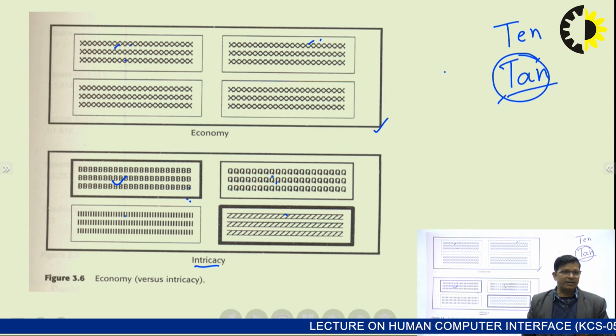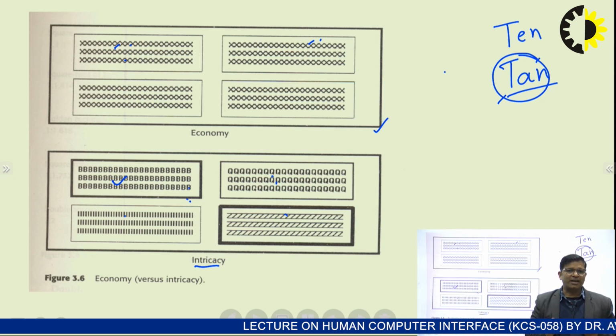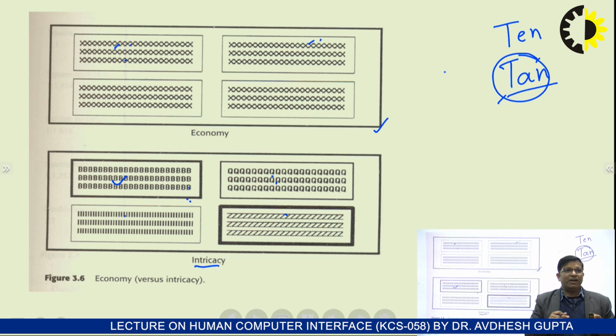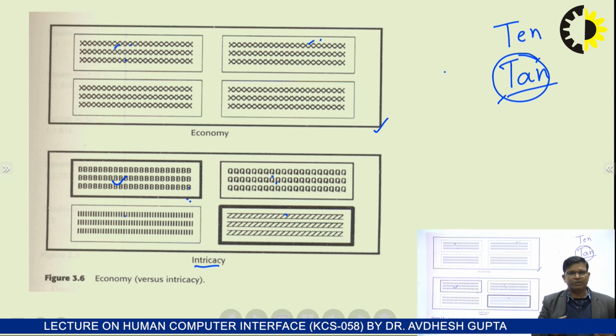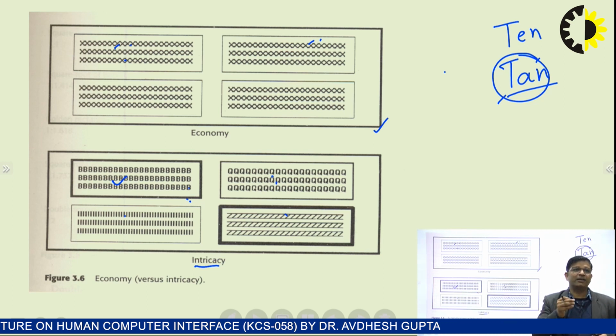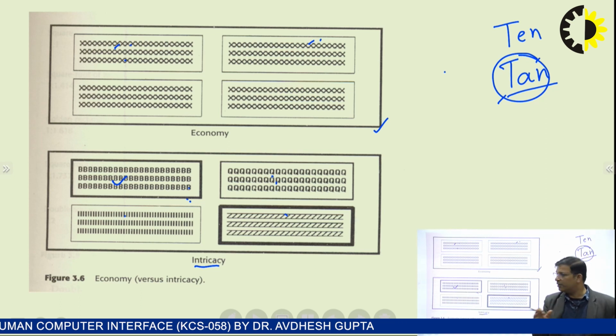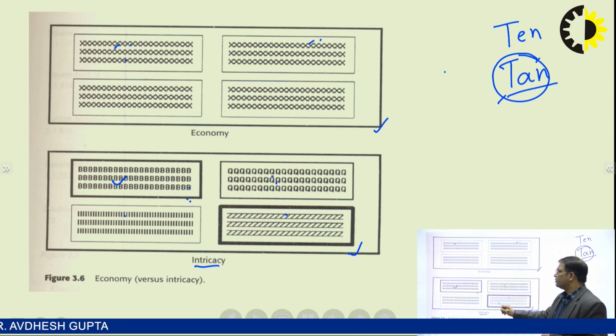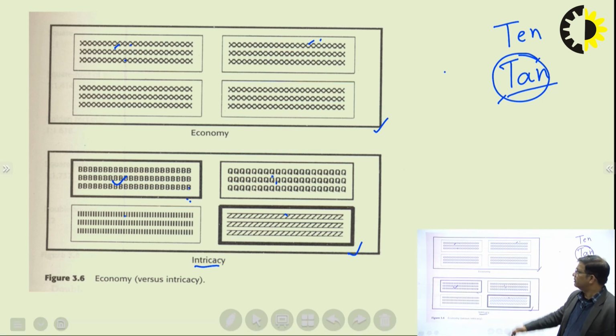Obviously, if we are concentrating on something, we keep our eyes on the same pace, but if we are doing some tedious task, we can slightly differ some other boxes to have some different design. So we will prefer this also. We are not saying that this is good or that is good. This is economy and this is intricacy. Sometimes this design can be better, sometimes the other design is better, but not always. These are the different aspects.